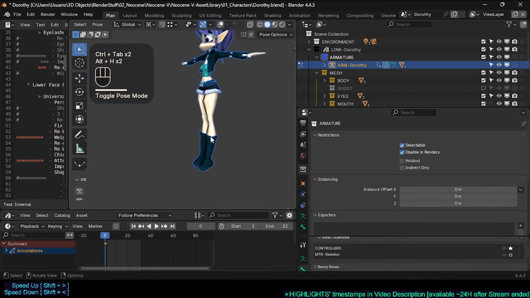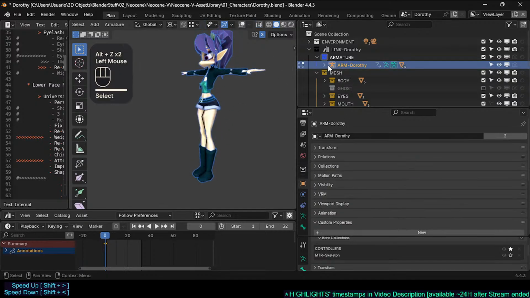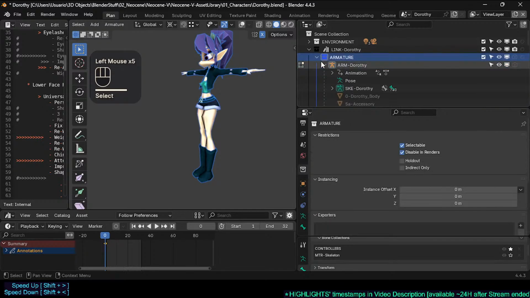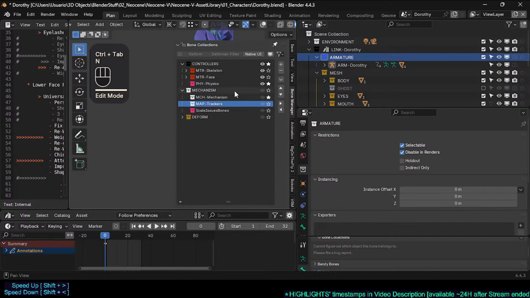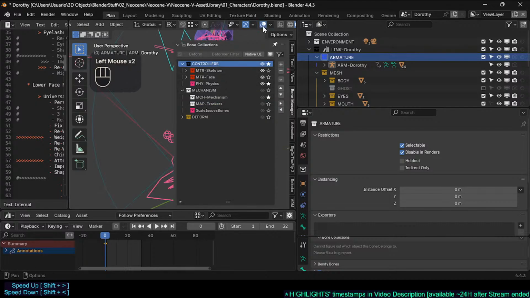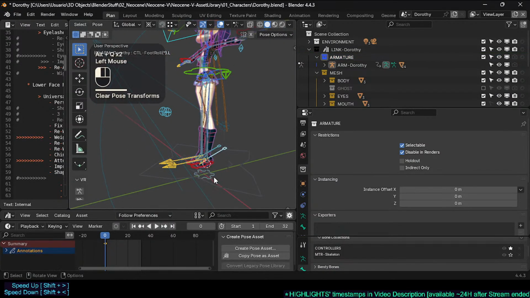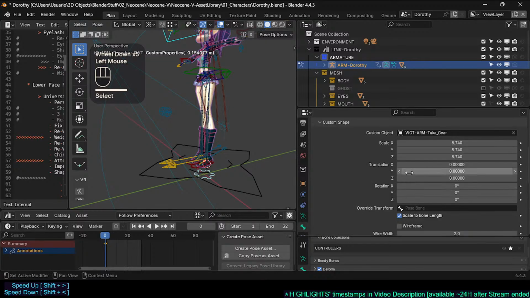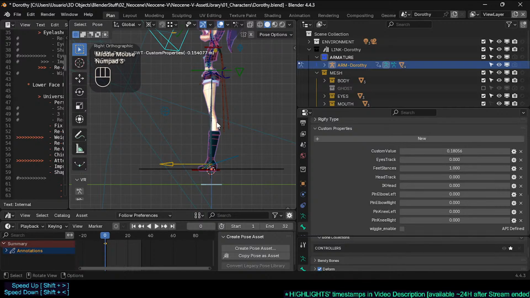Okay, what did I do to this? Oh, the overlays. Right, so let's check once more.